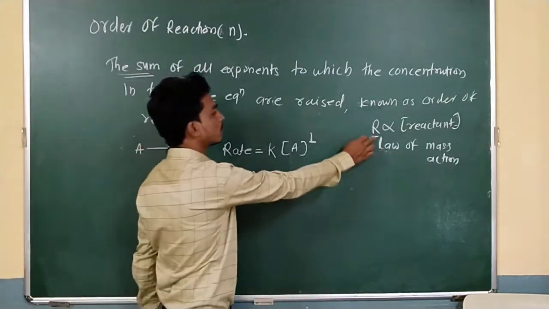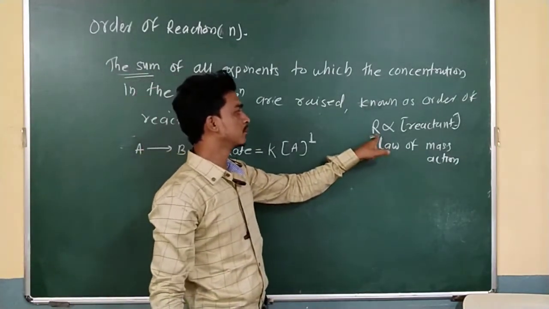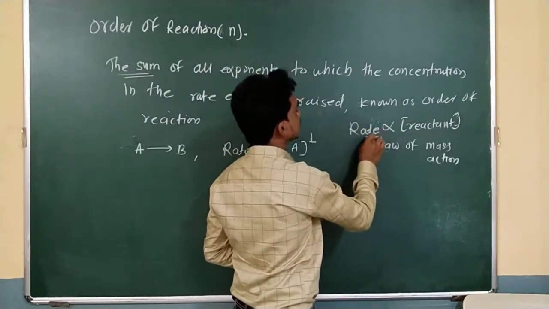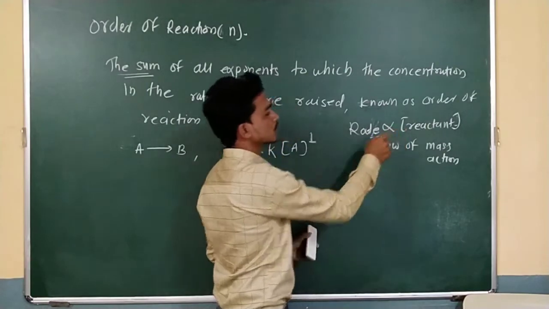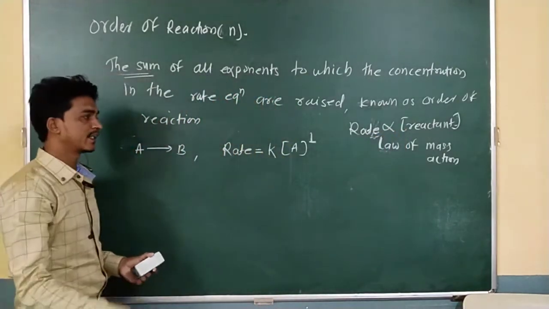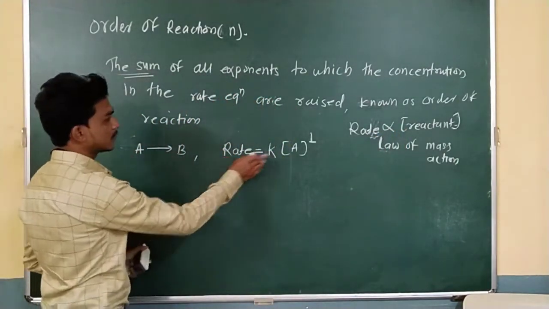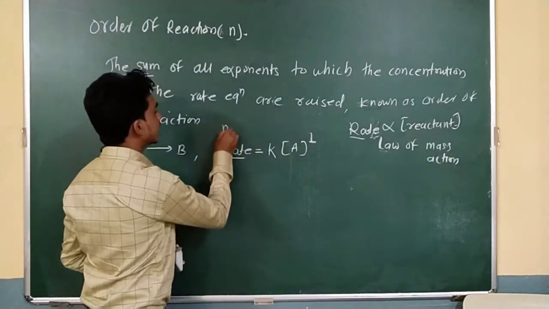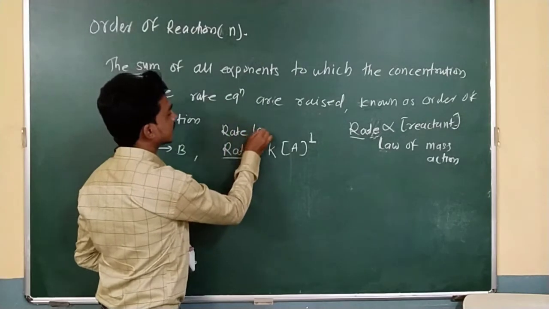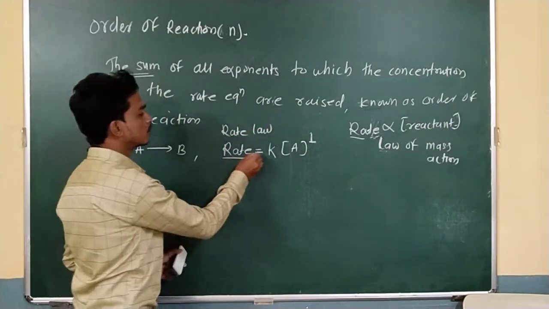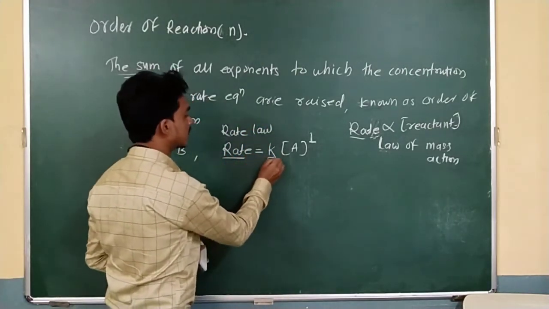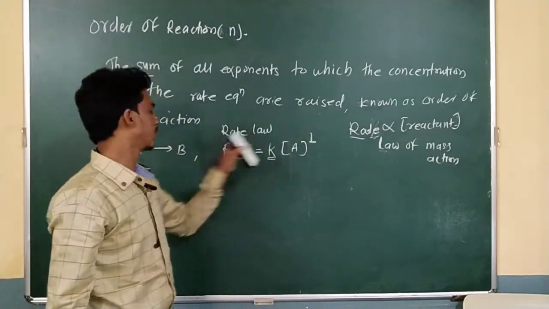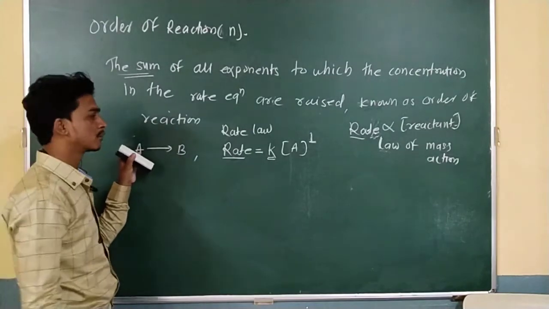So the law of mass action is that the rate of chemical reaction, R, is directly proportional to the concentration of reactant molecules. On the basis of the law of mass action, I can write the rate law: rate equals rate constant K into concentration of A, the reactant molecule.